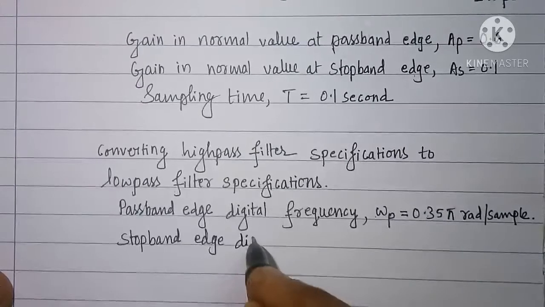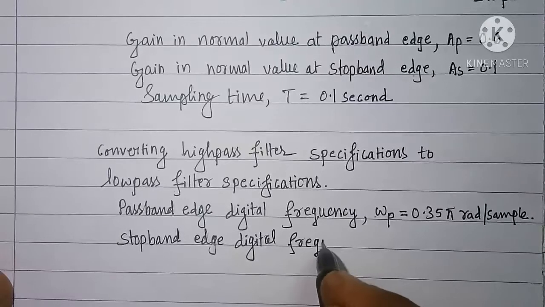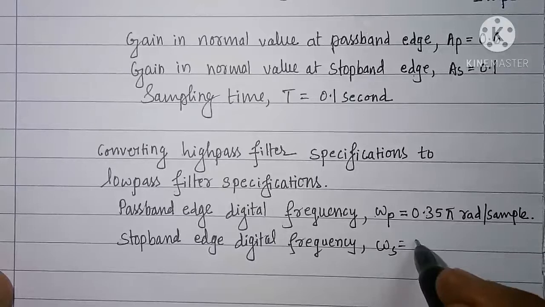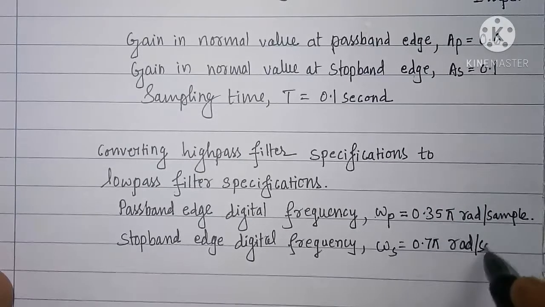Stopband edge digital frequency omega s is equal to 0.75 pi radian per sample.